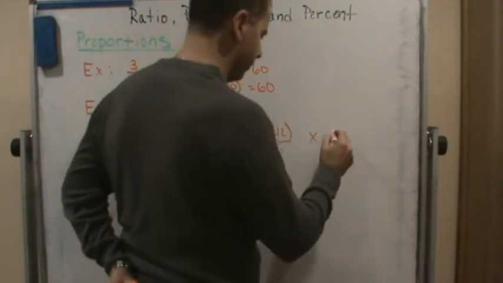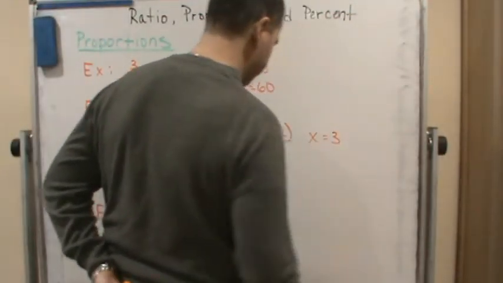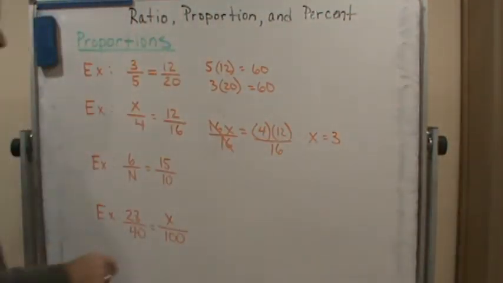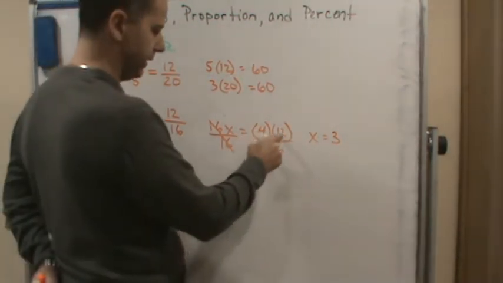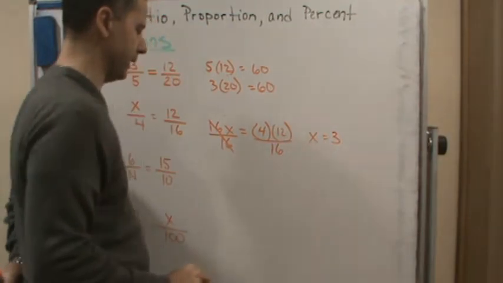And so x equals 3. Because all you have to do is stick this in your calculator, or just multiply: 48 divided by 16 is 3.